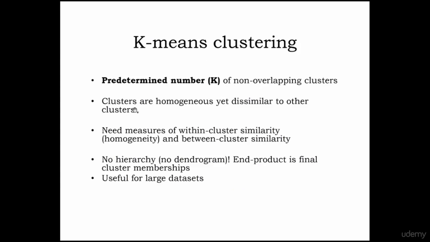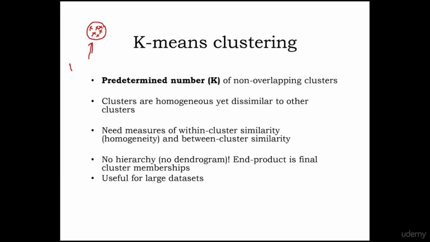So the objective of clustering is that we want all the homogeneous or related records together, and the unrelated clusters should be far away from each other. So the objective is very, very clear here. We need to have a lot of similarity within a group.